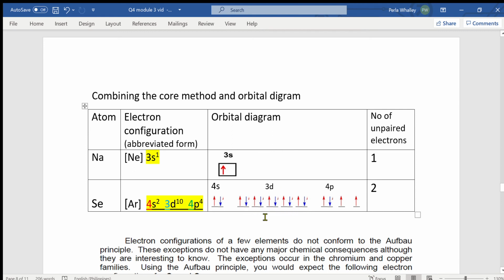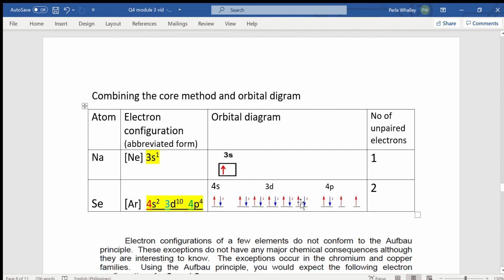Now, one, two, three, four, five. So the same as with p, the electrons will fill up the d orbitals in one direction first before pairing. So the red one. Okay, so arrow up, arrow up, arrow up, arrow up, arrow up.